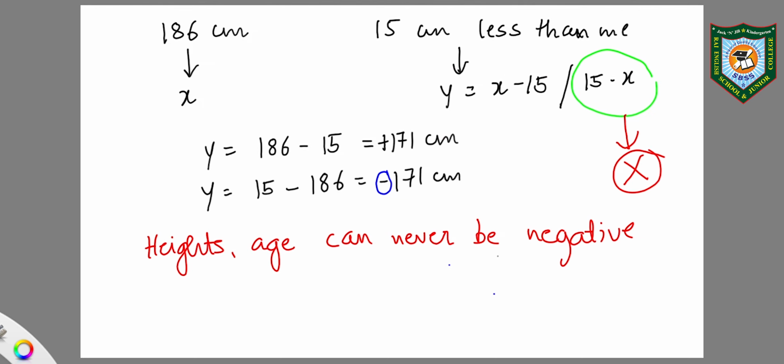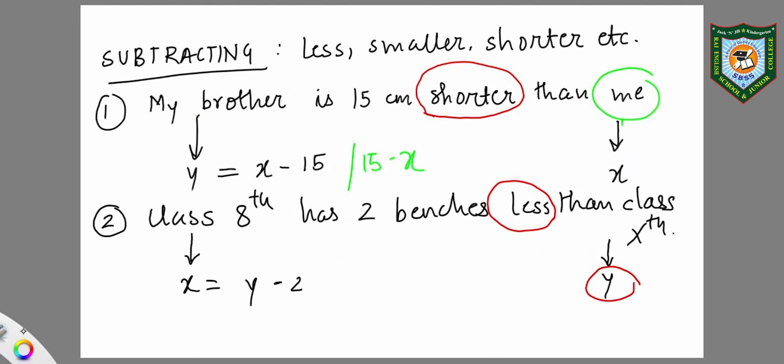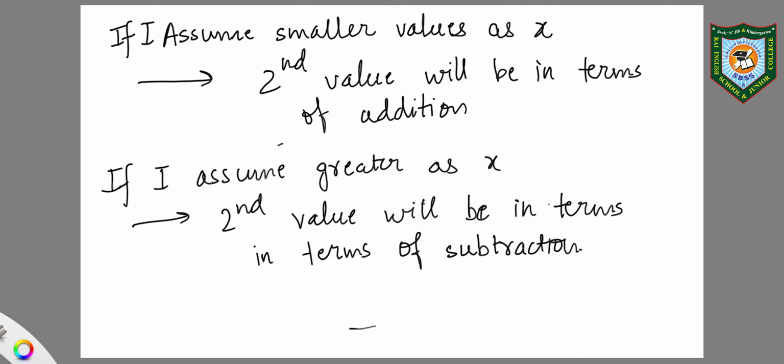But as we saw in our next solution, 15 minus x was completely wrong. So whenever we try to subtract, subtraction becomes a little more complicated than addition. That is why addition is much easier than subtraction. Therefore, whenever you assume values while solving word problems, always try to assume the smaller values as x.